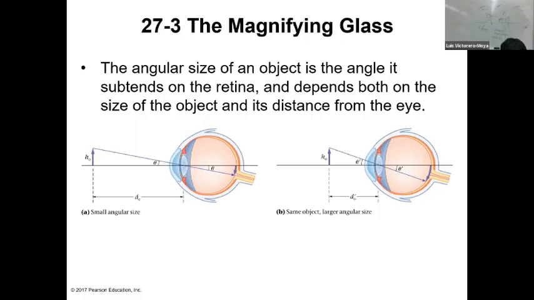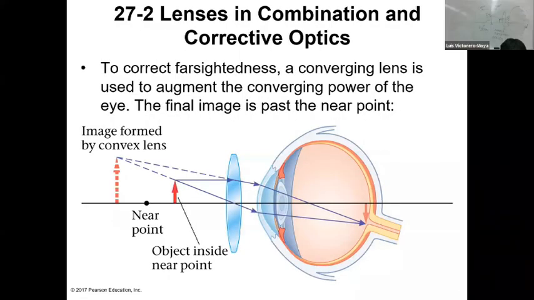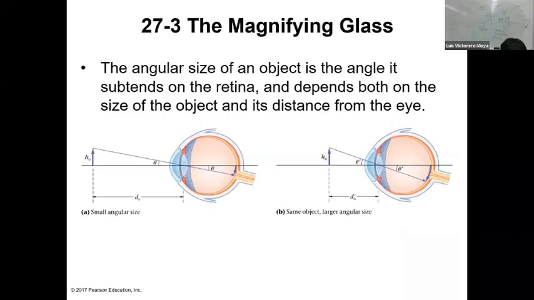Now, since we've been talking about objects that are placed in between the eye and the lens, we also have to talk about the magnification. We have been talking about magnification in terms of minus Q over P. That's called the lateral magnification. There is also something called the angular magnification.